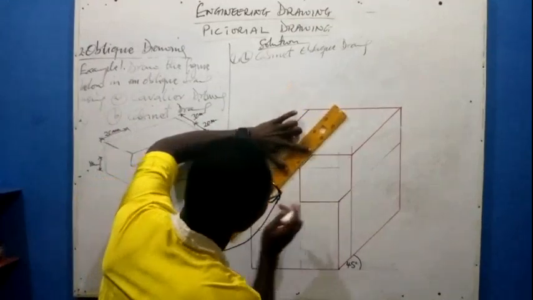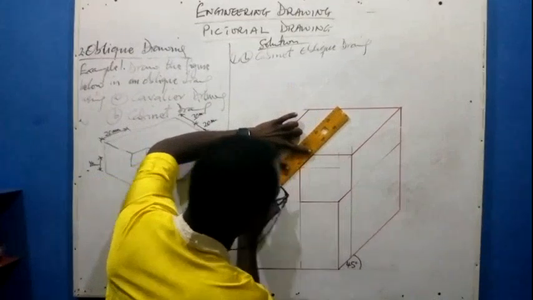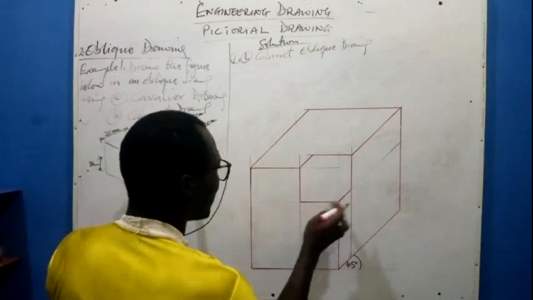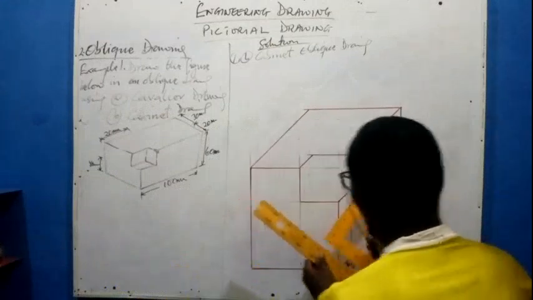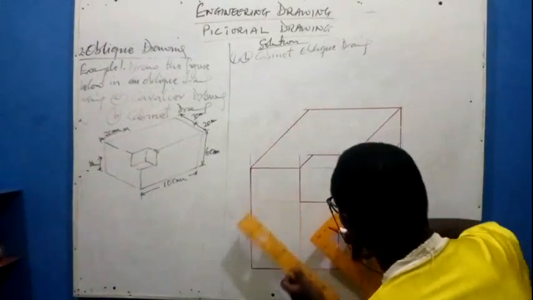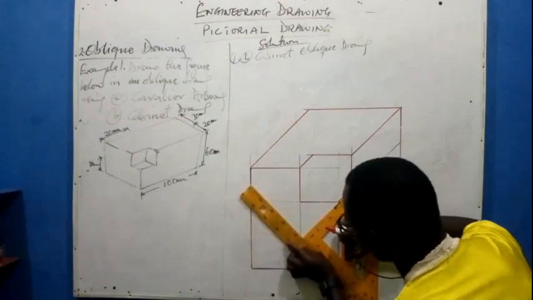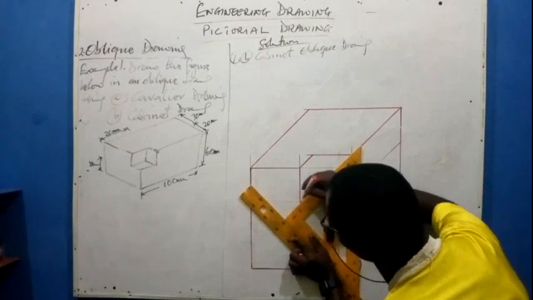Then this section we close it. Now when we look at here, we have a line here and a line here. In that case you use your set square by drawing parallel lines. You place it here. Guide it with a ruler to produce this side.